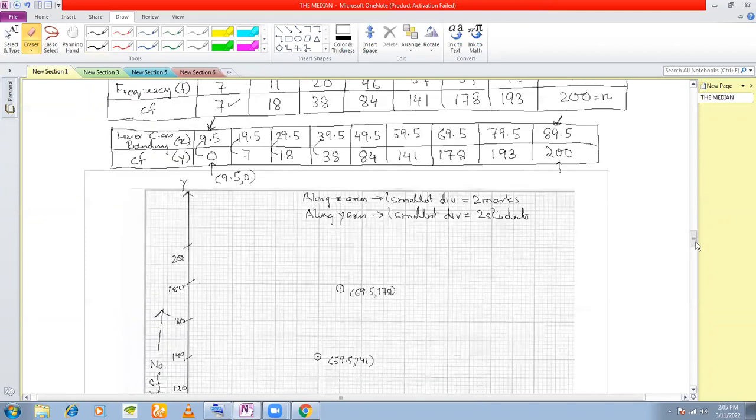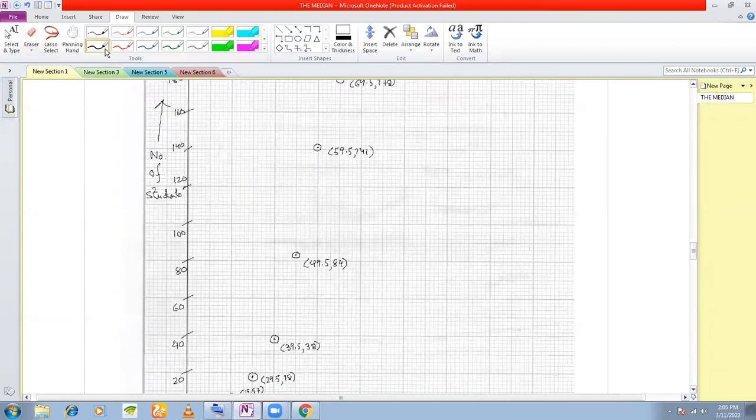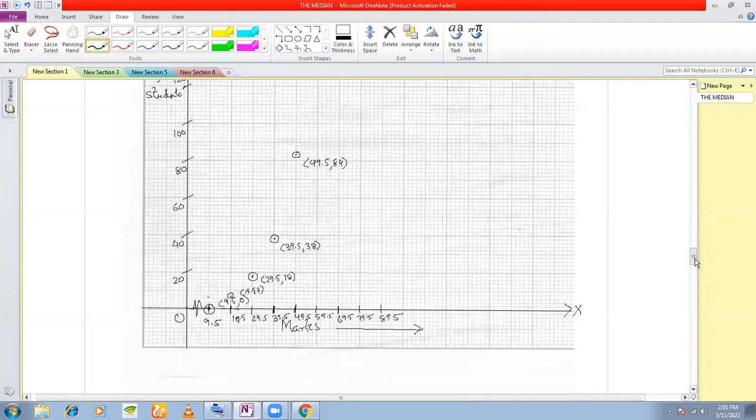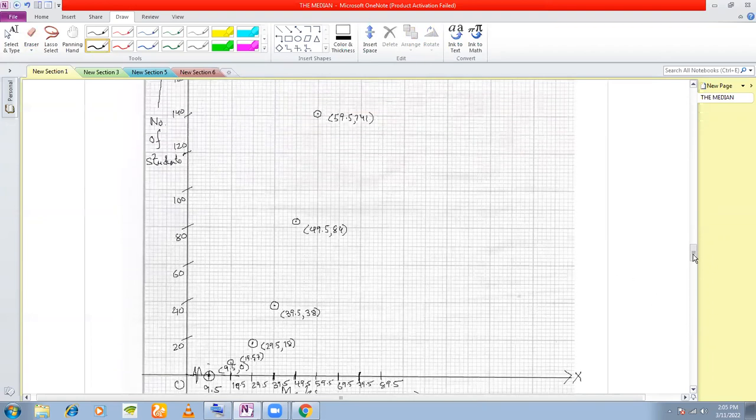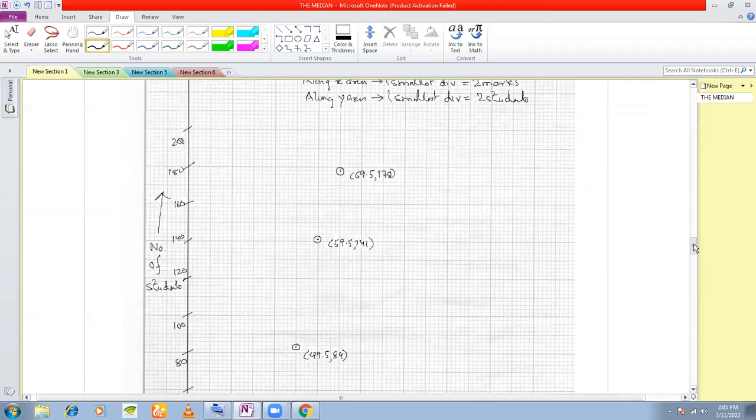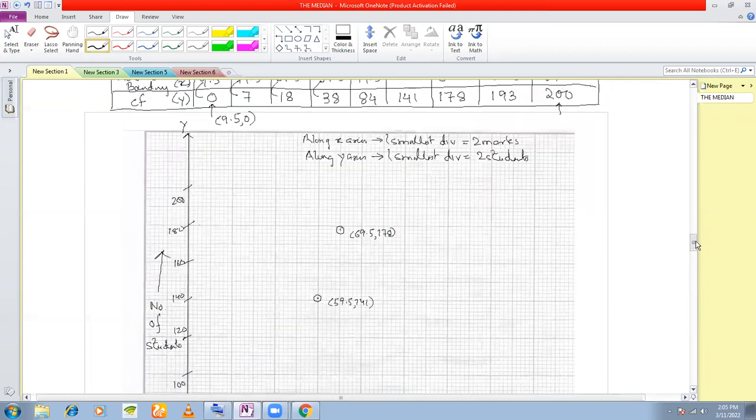And you have 79.5, 193. 79.5 is here. You start moving vertically above 79.5 and you have to reach 193. Here is 180, and this point is your 190, but you have to reach 193. So how many divisions do you have to move further? You will have to move 1.5 divisions.